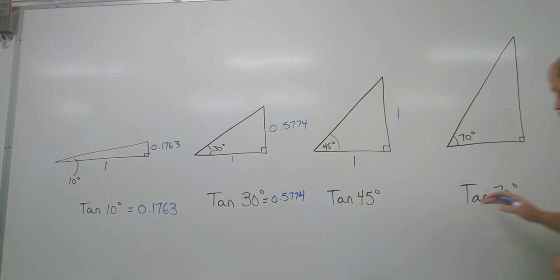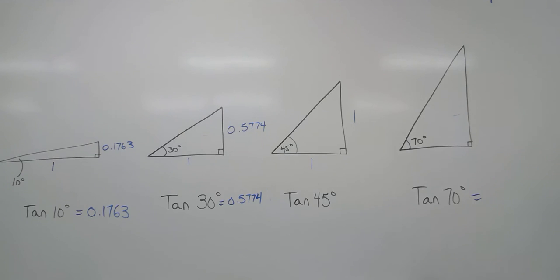And if we go up to 70, we can see it's getting much bigger. We type this in, and if we type in tan 70, we get 2.74747. 5th decimal is larger than 5. I'm going to round to 2.7475, always 4 decimal places.